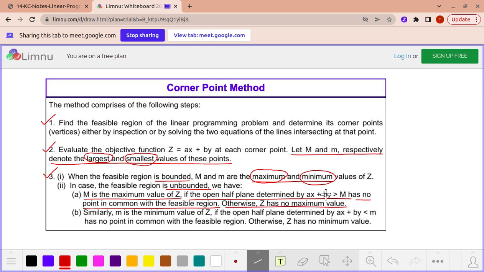This particular statement I know you are not able to understand. That's why I said we will solve some questions and then revisit these steps, especially for the unbounded region.